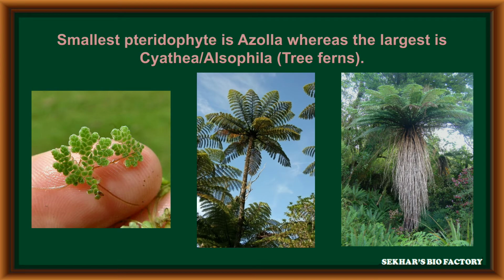The smallest pteridophyte is Azolla, and the largest pteridophytes, like Cyathea and Alsophila, are called tree ferns.